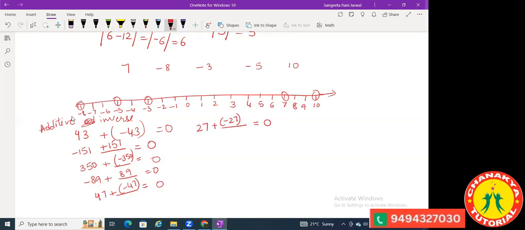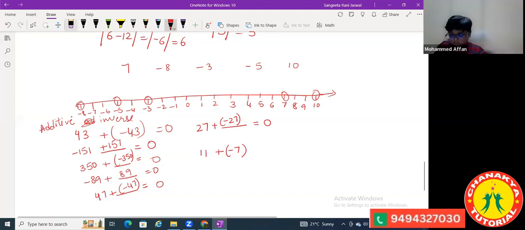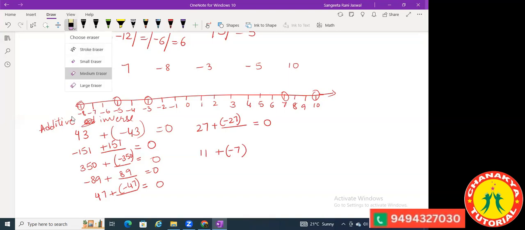Now do this. 11 plus, show this on the number line. Or you can write it like this. Answer is 3. Ma'am, it's 3.